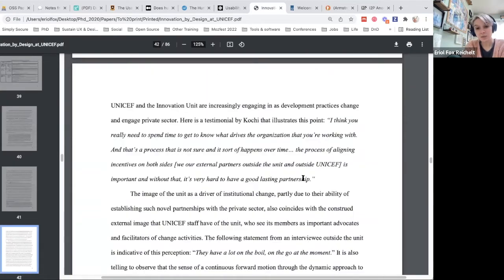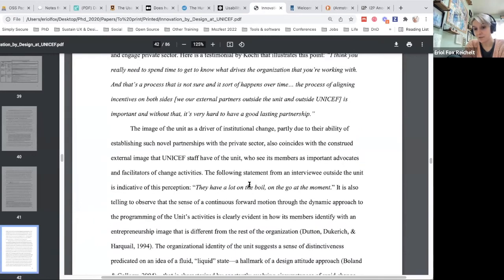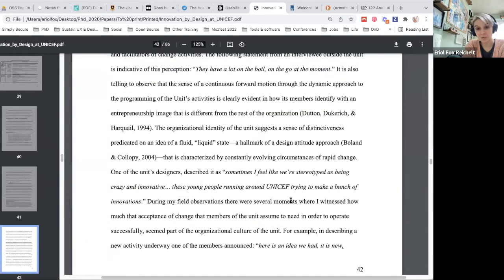There's then some interesting comments about how they've been categorized within the innovation space. Crazy and innovative young people running around trying to make a bunch of innovations in this kind of new and kooky way, through open practices maybe is inherent within that statement.